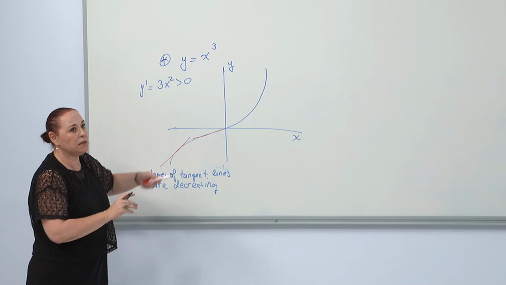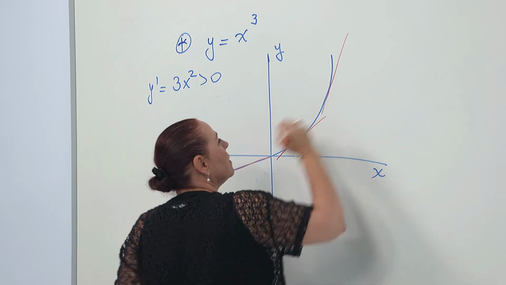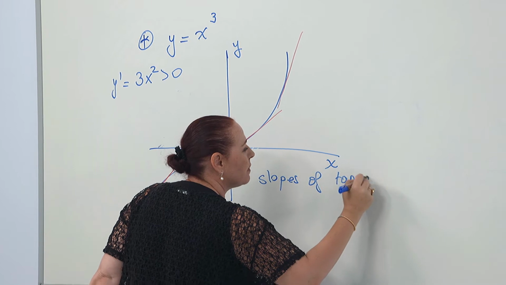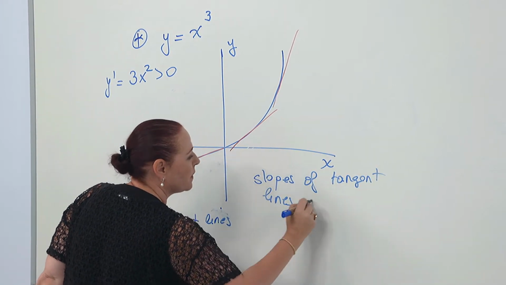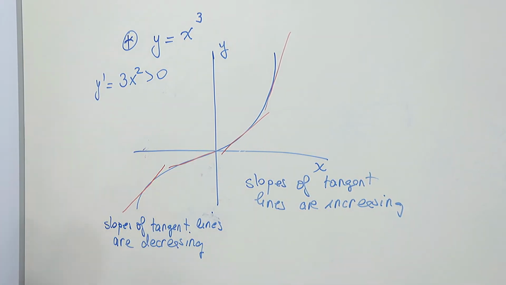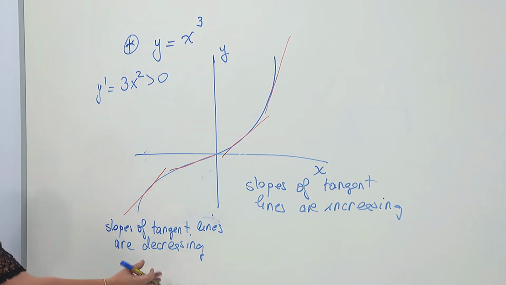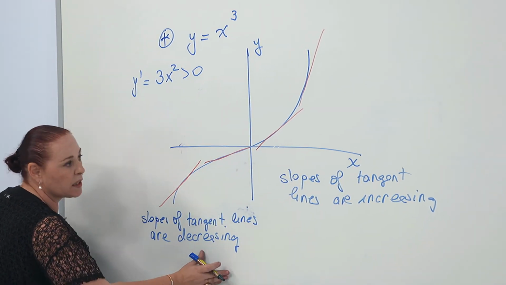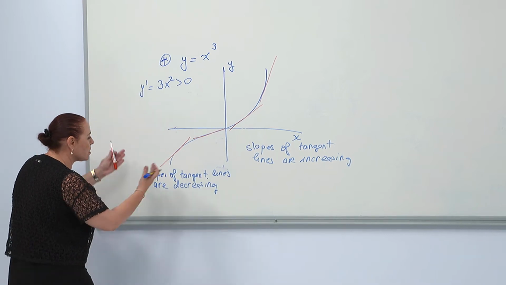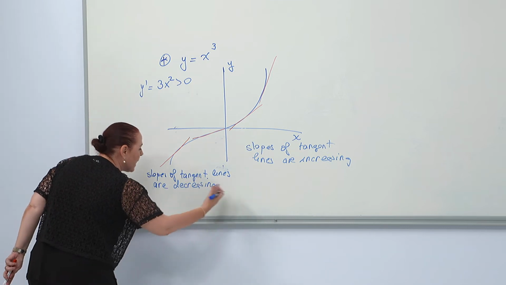And for the positive x's, you can see that the slopes of tangent lines are increasing. So we know that the slopes of tangent lines are decreasing. We have explored what is increasing and decreasing.